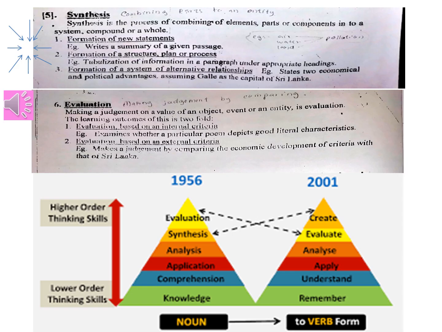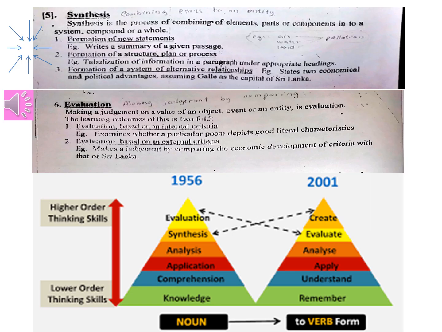Water pollution, combining. Formation of a system of alternative relationships. Example, states two economic and political advantages, assuming Galle as the capital of Sri Lanka. So you are finding relationships and making one unit. So synthesizing, just remember, is combining parts into an entity. Synthesizing, combination. As I said, water, land, air, all these come under pollution.